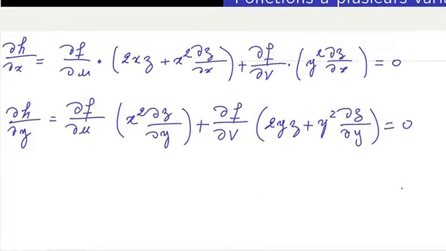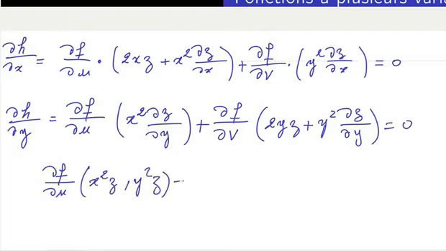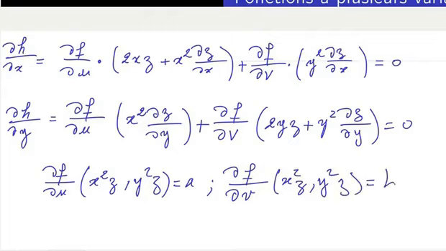So in these two lines, the partial derivatives of z with respect to x will appear. We will group them. So for this, we will call the derivative of f with respect to u at the point (x²z, y²z) a, and the derivative of f with respect to v at the same point, b.